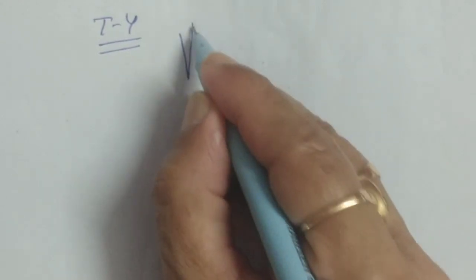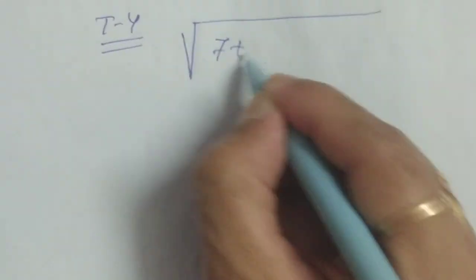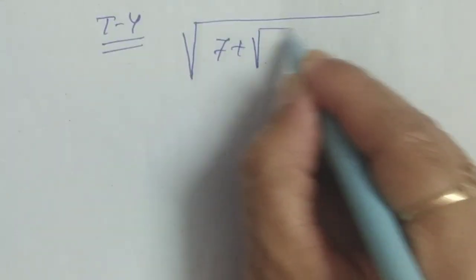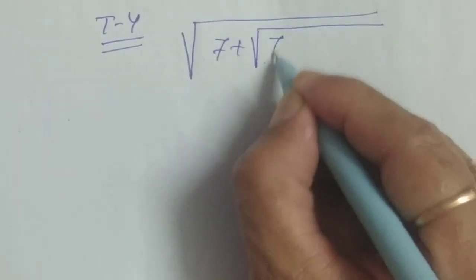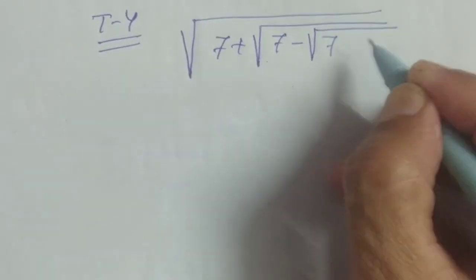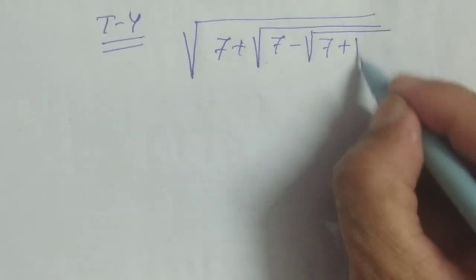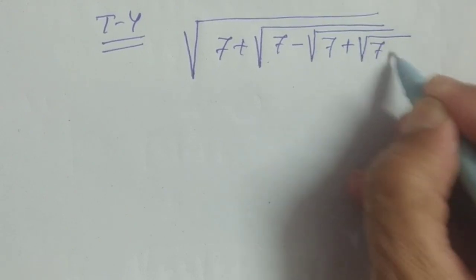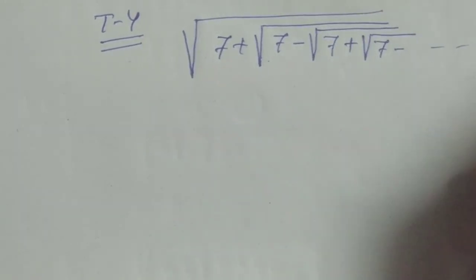If the question is like this: 7 plus root over 7 minus root over 7 plus root over 7 minus, like this.